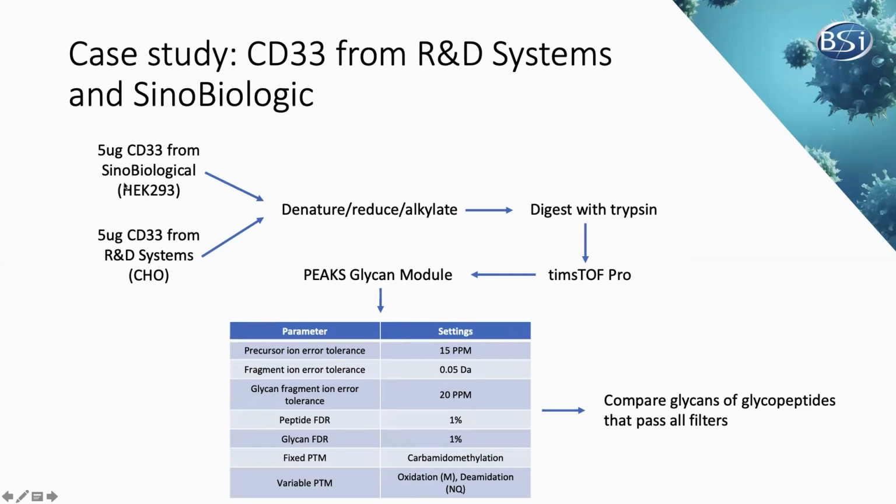We started with 5 micrograms of each. We did our reduction alkylation procedure and digested it with trypsin and ran it on our timsTOF Pro. And then in Glycan Module, we used the following parameters. Then any peptides passing these filters, we compared the glycan profiles across the 2 proteins from different expression systems.